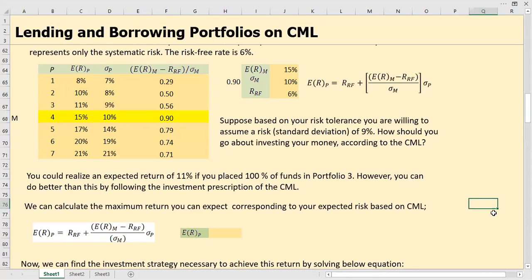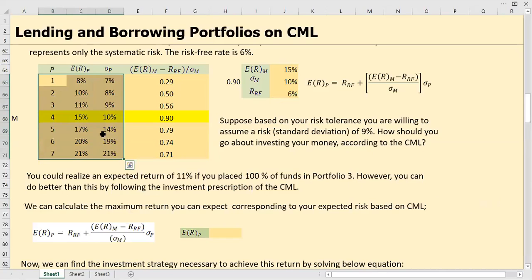Now, according to your risk preference, you are happy to bear a risk of 9%. This is just an imagination, right? Just think that you are happy to bear a risk of 9%. If that is the case, what portfolio are you going to select? Can someone tell me? You have the series of expected returns and portfolios, and all the characteristics are given here.